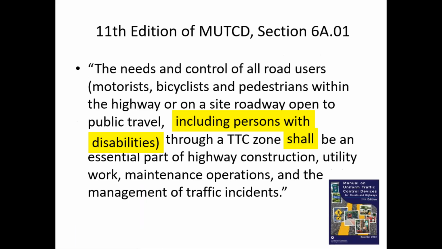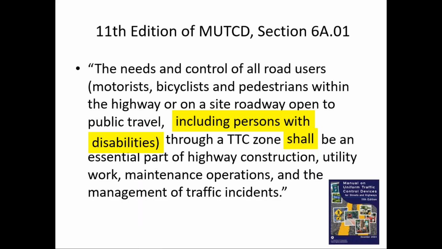Many of you, of course, are probably familiar and have been with the Manual on Uniform Traffic Control Devices. The quote here comes from the 11th edition, 2023 edition, but actually this has been in the manual for a number of different versions.